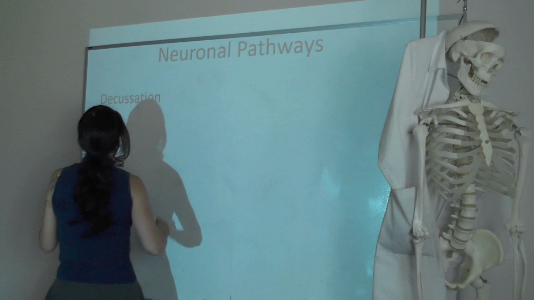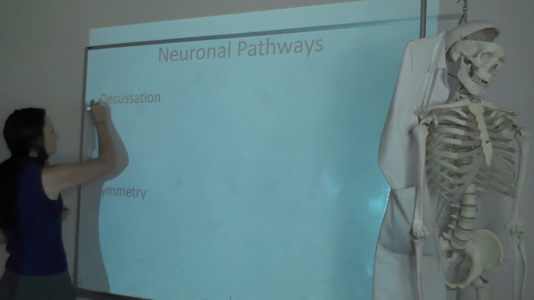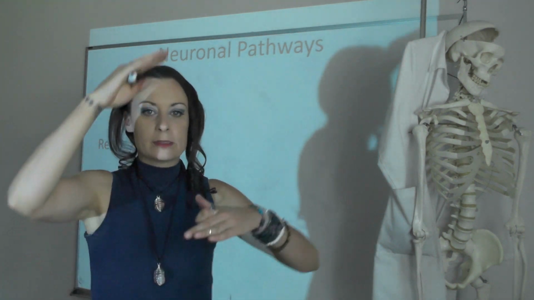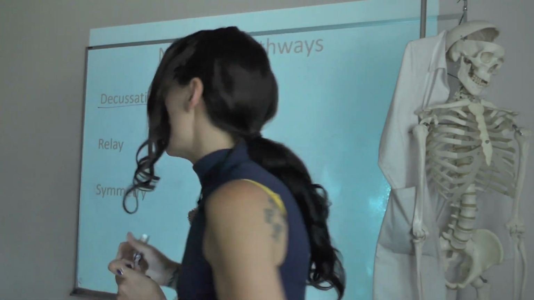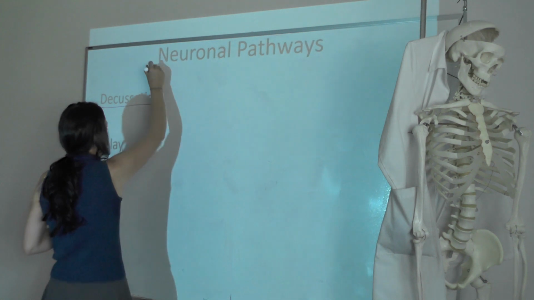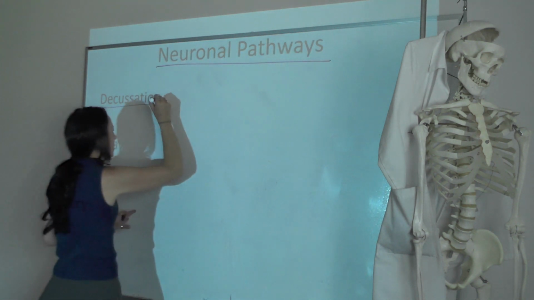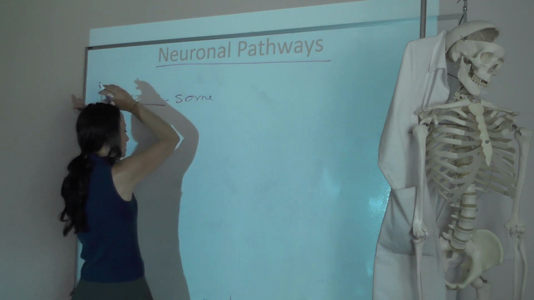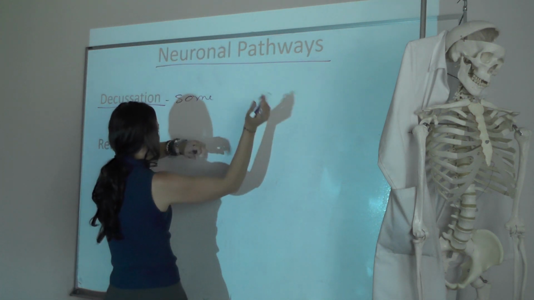So, all right, neuronal pathways, they all decussate. This means that somewhere along the transmission of information, we're crossing over from the left side to the right side, and that's what gives us that contralateral control. So decussation in a neuronal pathway is somewhere in the pathway, the information crosses from the ipsilateral side to the contralateral side.